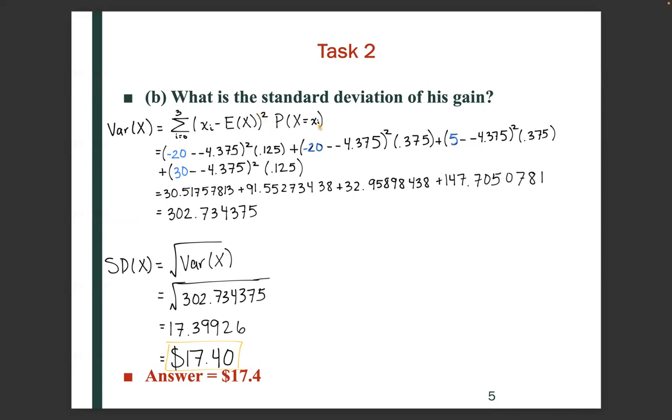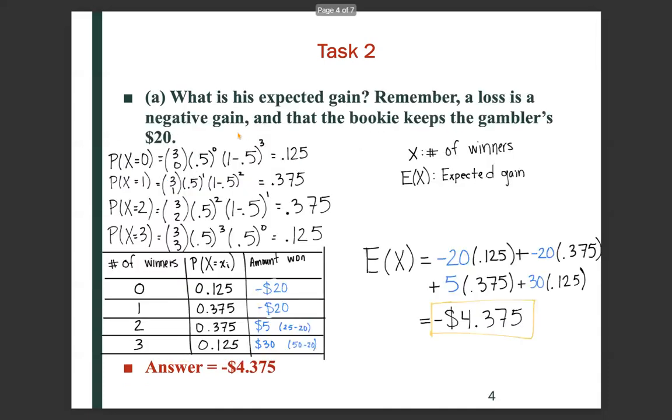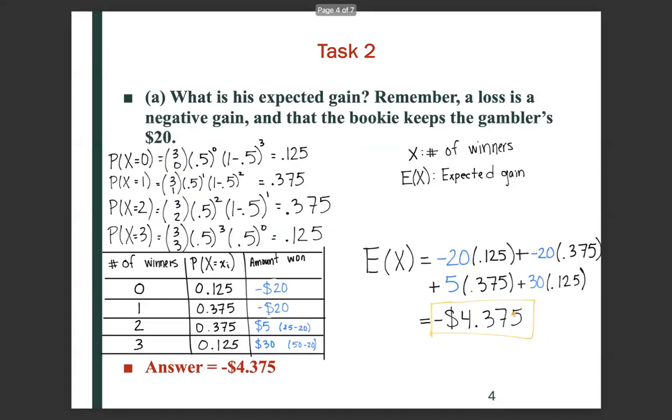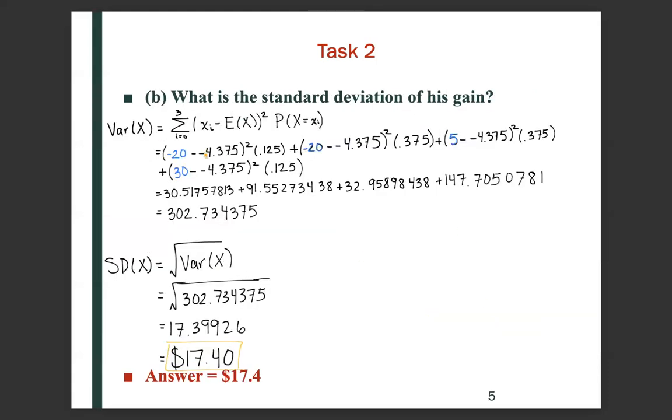xi equals x. So here, for when i equals 0, our xi is going to be negative 20 minus the expectation of x. The expectation of x we found right here, negative 4.375. So negative 4.375 squared times the probability that xi equals x.